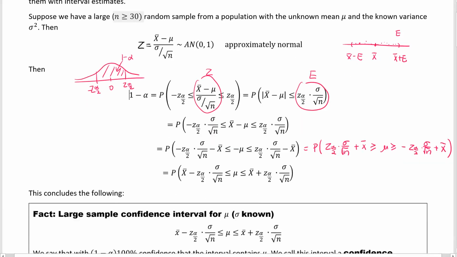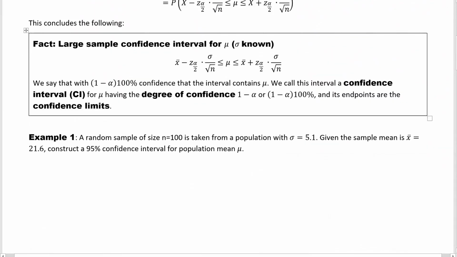So this concludes the following. First case, large sample confidence interval for mu if we know sigma. That is the sample mean minus the error bound and the sample mean plus the error bound, right? So we can say with 1 minus alpha times 100% confidence.